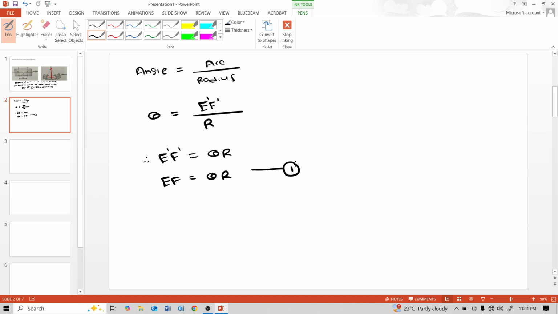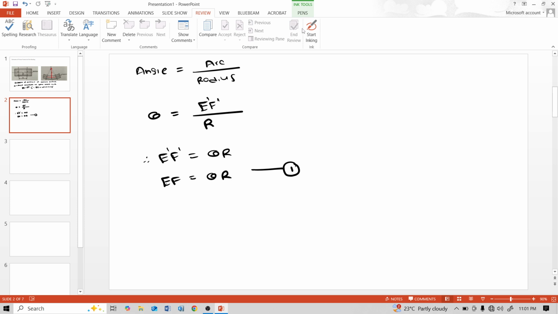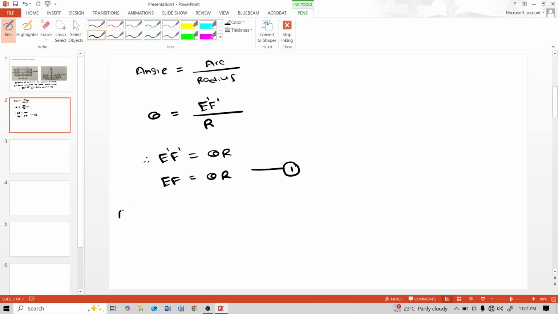Now next, again apply this angle equation to the G'H' arc. The G'H' arc is at a distance y from the neutral axis. So again, angle is equal to arc upon radius.